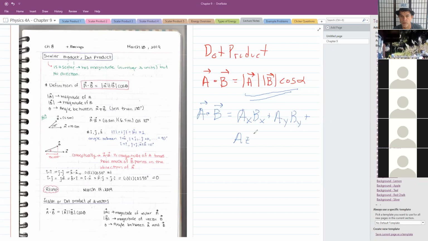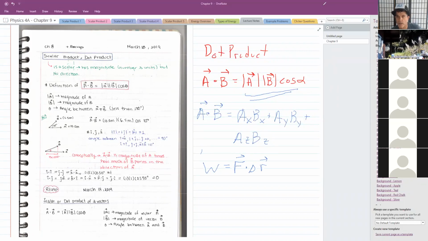So those are our two ways of getting the dot product. And again, the reason we care about this, just so you know, is we're going to define work as the dot product of the force times the displacement. This is a little preview.